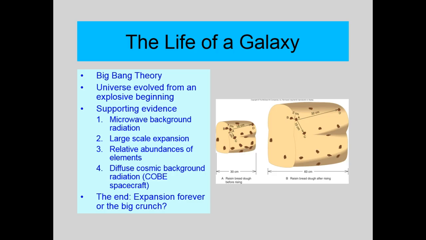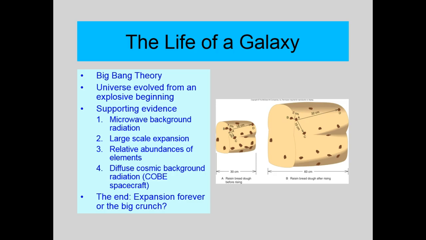Now, here's an illustration of what's happening here. They use the illustration of making raisin bread and having the yeast in it, and the yeast is going to make the bread expand.